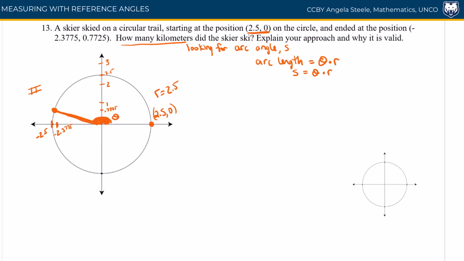So cosine, remember, is using that horizontal distance. So that's going to give us the x value equal r cosine theta. The x value in this case is negative 2.3775 equals the radius is 2.5 cosine theta. Okay, so just like before, we're going to divide both sides by 2.5.